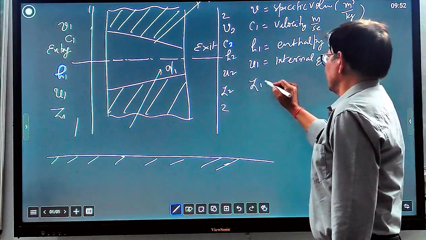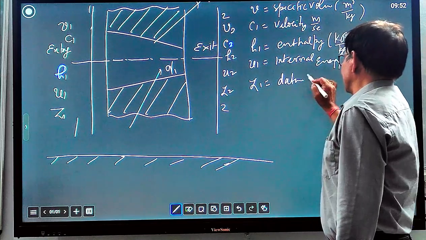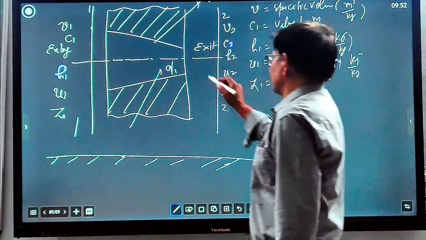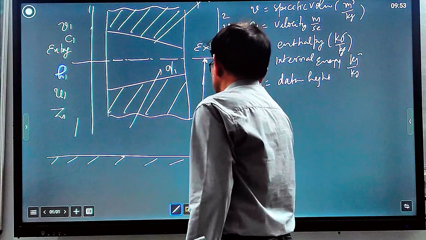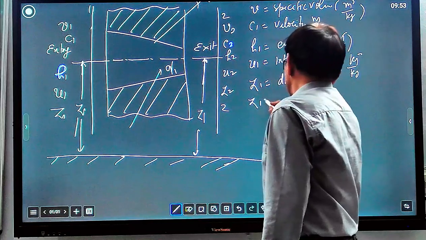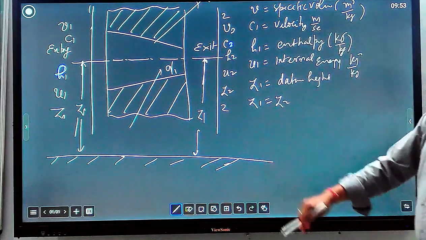Z1 is the height of the entry from the datum. Z1 and Z2 are two positions, but from the datum Z1 is equal to Z2. So these are the entry and exit conditions.